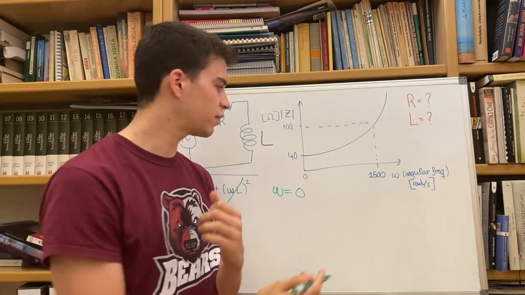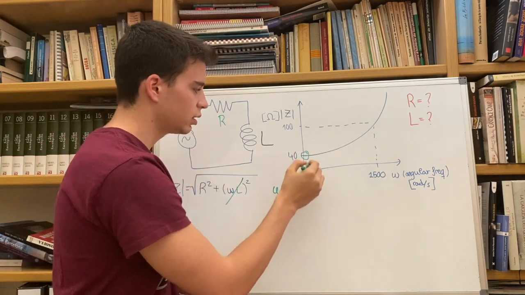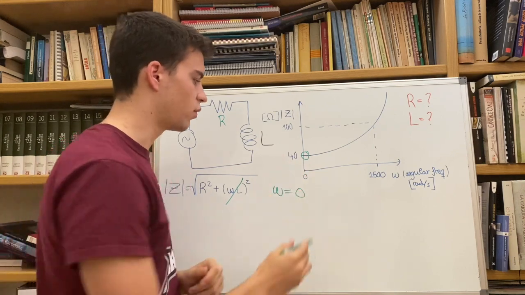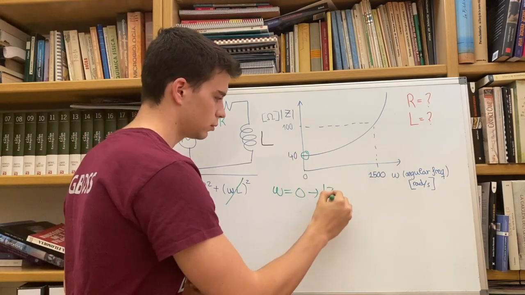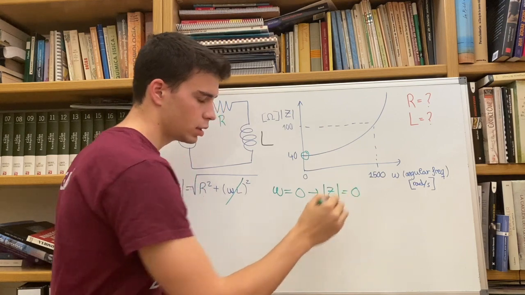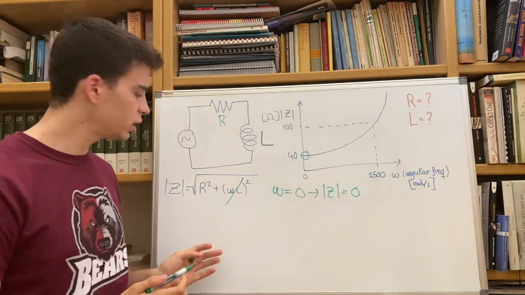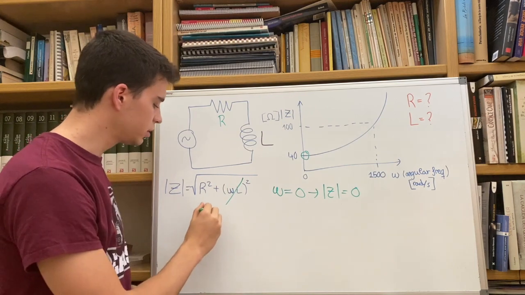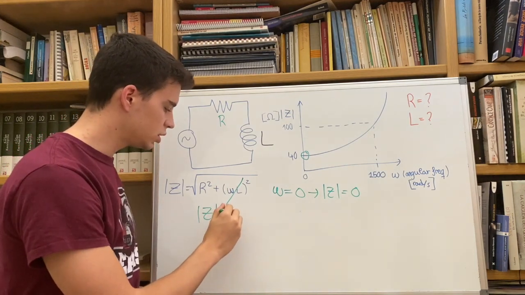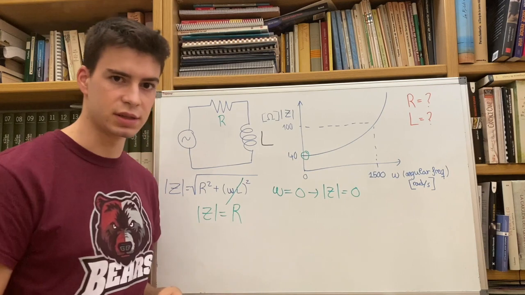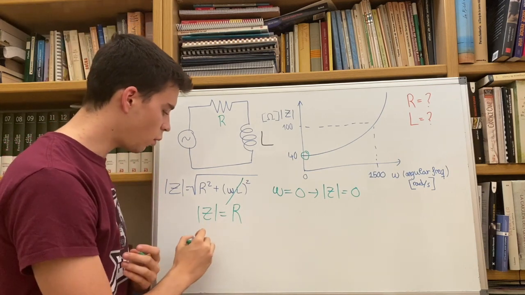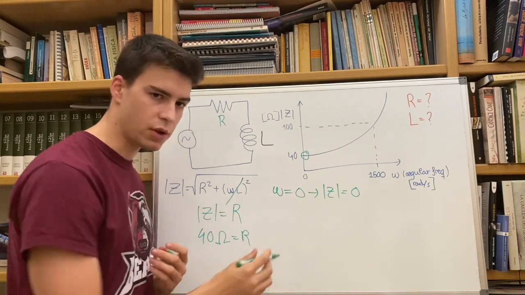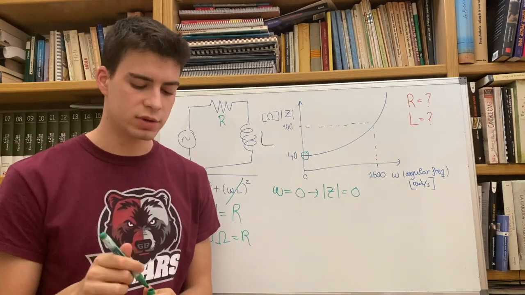If we look at the graph, we can check that at this point the modulus of the impedance is 40. By using the same formula and cancelling out this term, we can determine that the modulus of the impedance is just equal to the resistance. So we have that 40 ohms is the resistance, and that's how we found the resistance.